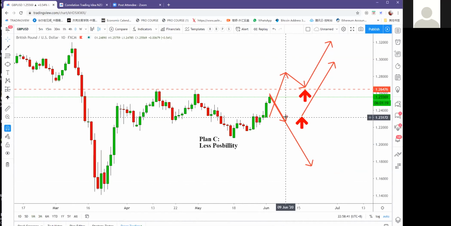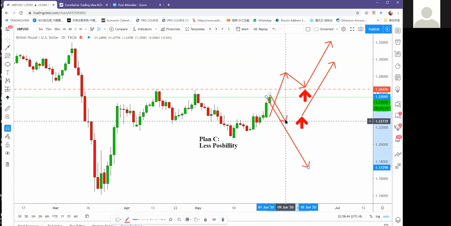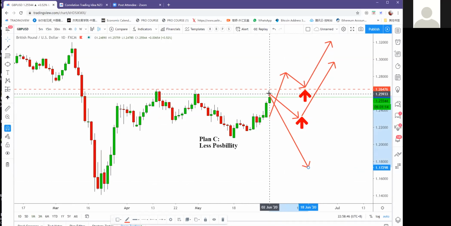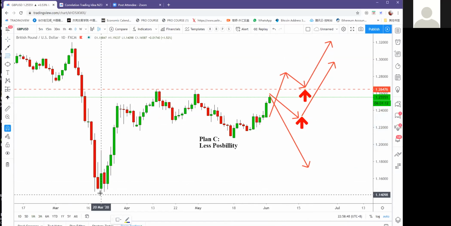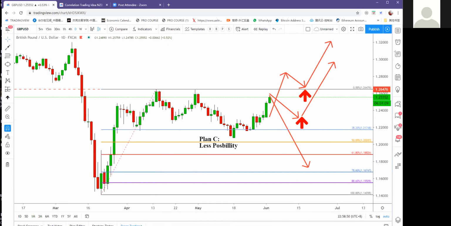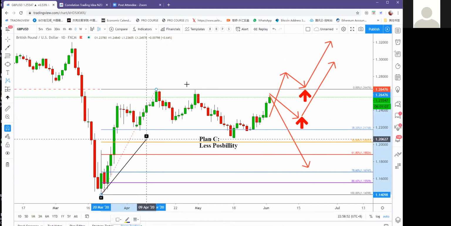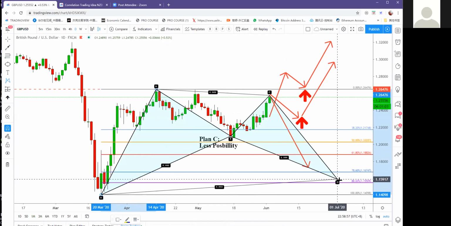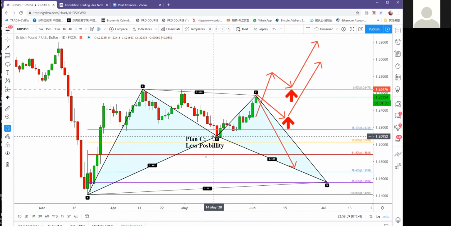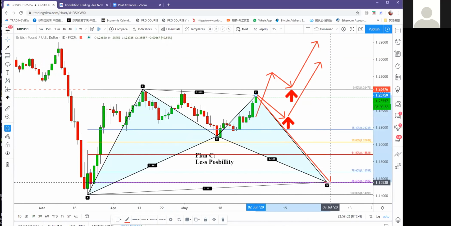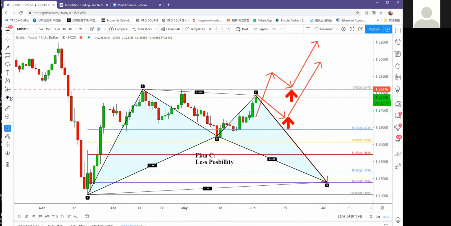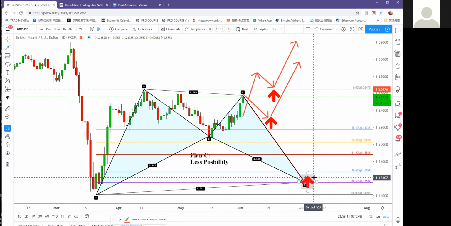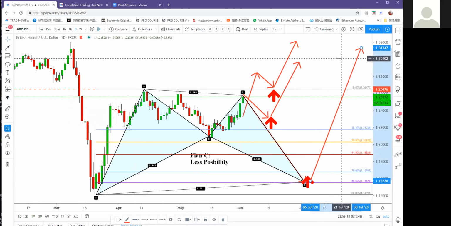So be prepared if the sterling really comes down very, very low and forms a bad pattern. As I said, it has less possibility, but it still has some potential. So plan C is wait for the price to come back to 1.16, and you are going to buy from this level and all the way.